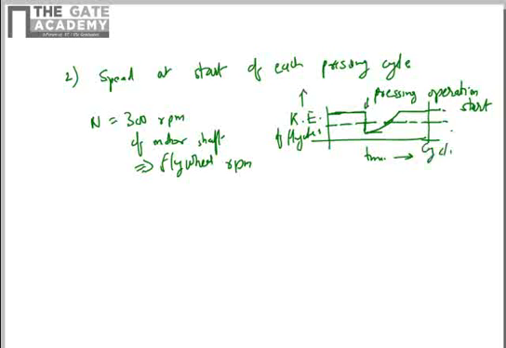So this is one cycle. Just after the pressing is finished, you will have this point here. So we will calculate how much is the drop of kinetic energy of the flywheel after the pressing, and from the new kinetic energy after pressing is over, we can calculate the speed. So this is the approach we are going to follow.